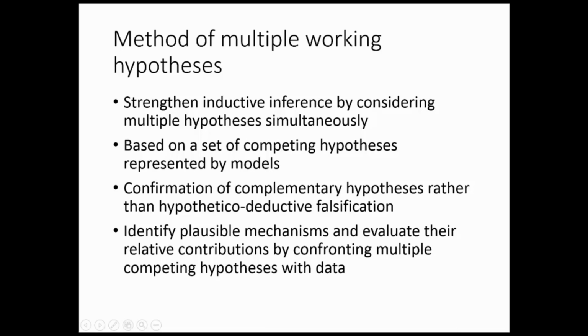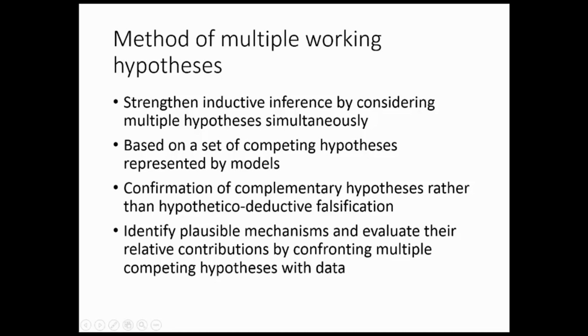And then we use confirmation of complementary hypotheses more than hypothetico-deductive falsification. So in this case, we don't really have a null hypothesis and use that deductive logic to falsify our hypotheses. Yet the hypothetico-deductive method is important for setting up our hypotheses and predictions.